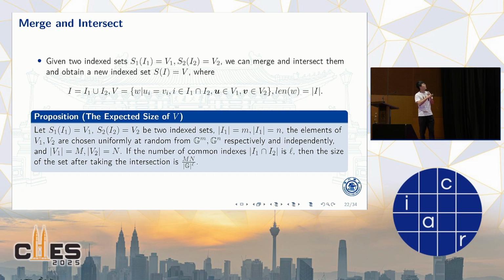The new I is the union of the original two, and the V is the intersection of V1 and V2 at the common index, concatenating the rest. To better estimate the candidate set size, we propose a proposition to calculate it. It can be seen that it is related to the number of common indices, and this will be useful in our attack.